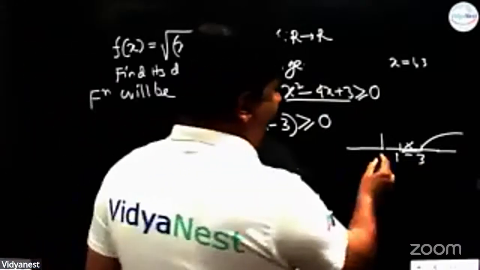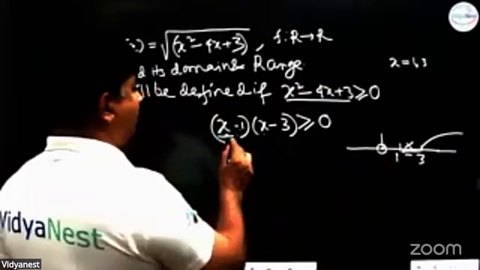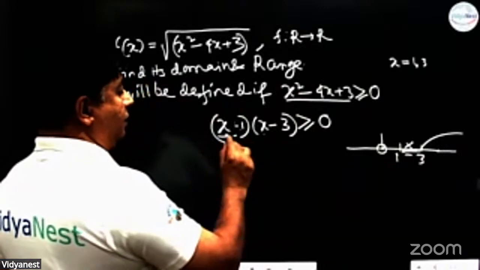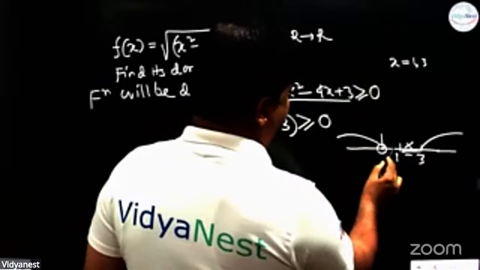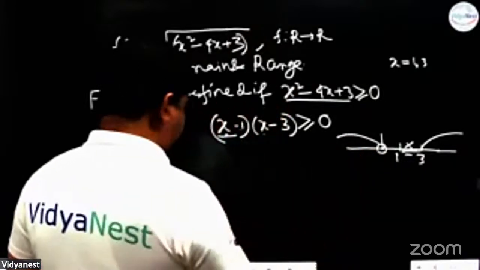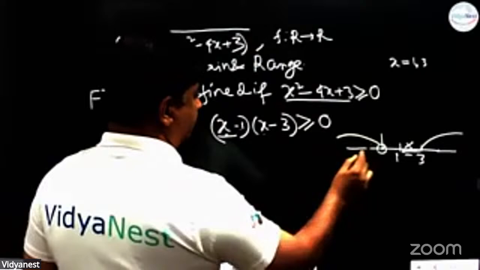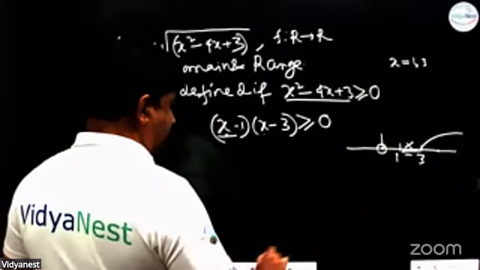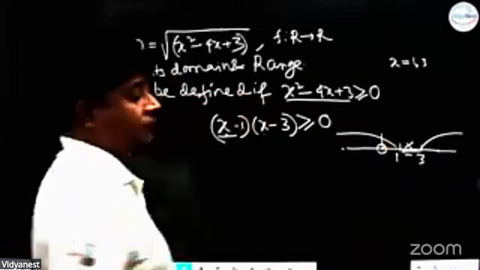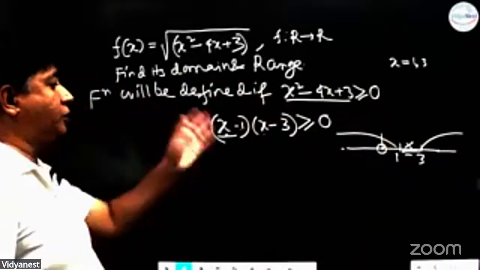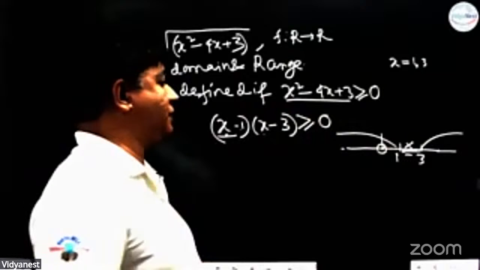Choose 0. 0 minus 1 is minus 1, minus 3 is minus 3, minus into minus, positive. So between minus infinity and 1, any value if I choose and put, that condition will be satisfied.